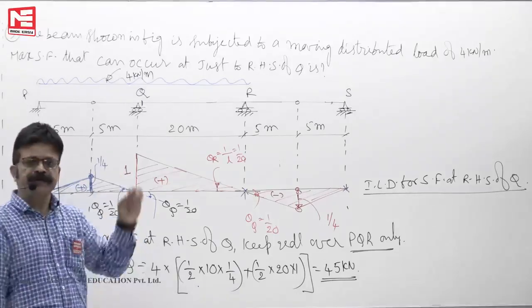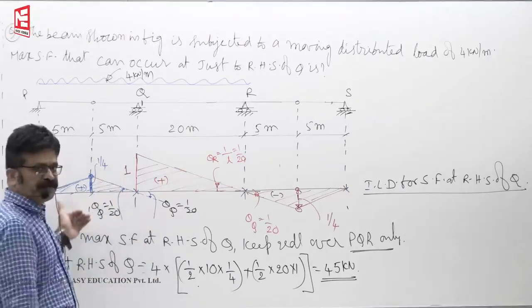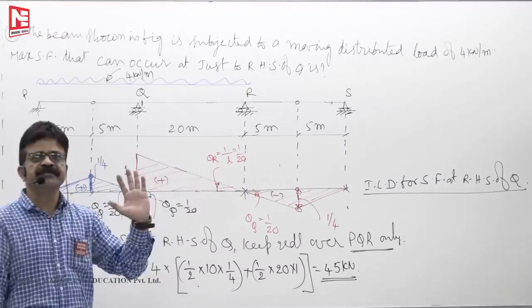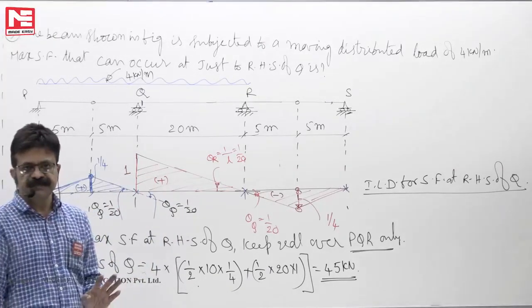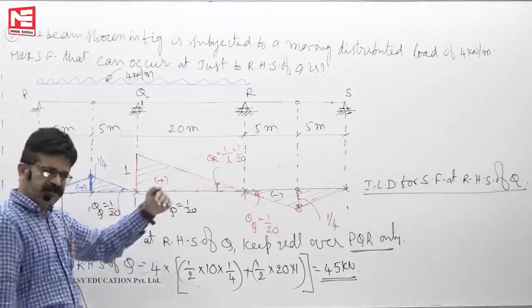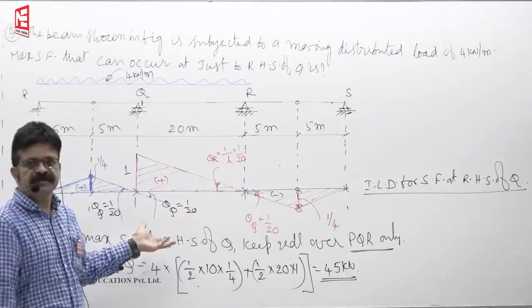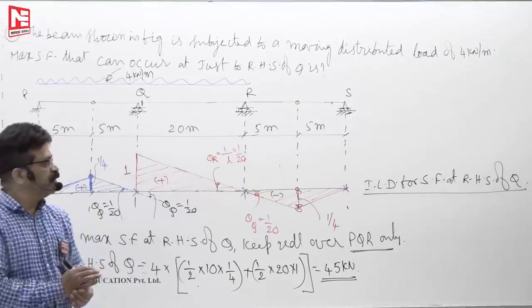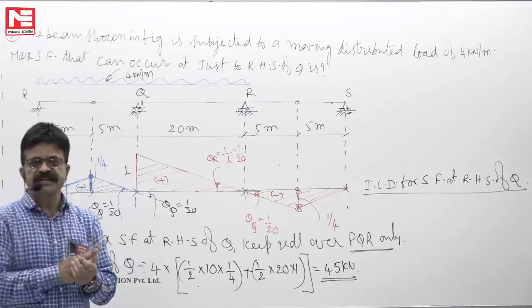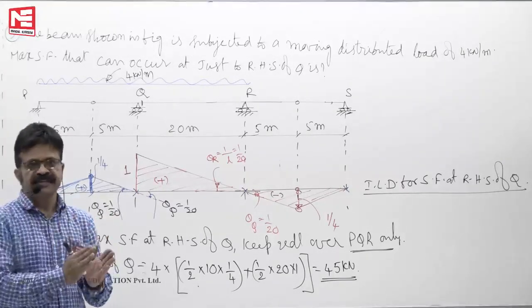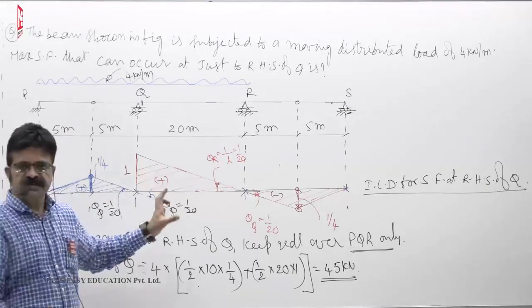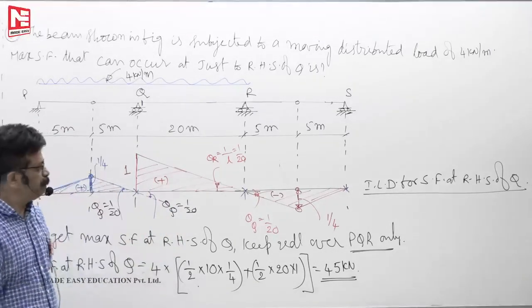After completing our ILD classes, by inspection itself we will be able to say what the answer is, or by calculation we will finish the problem in 30 seconds. No question takes more than 30 seconds or 1 minute in structural analysis, whether in GATE or prelims exam. That is the only scope. Okay.